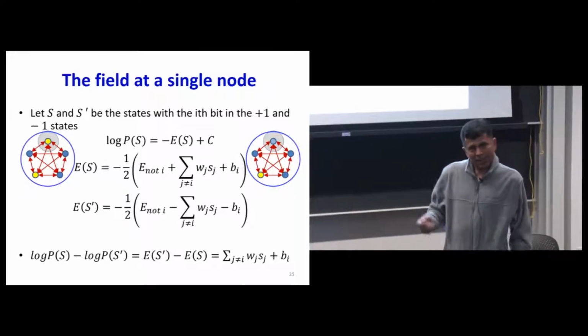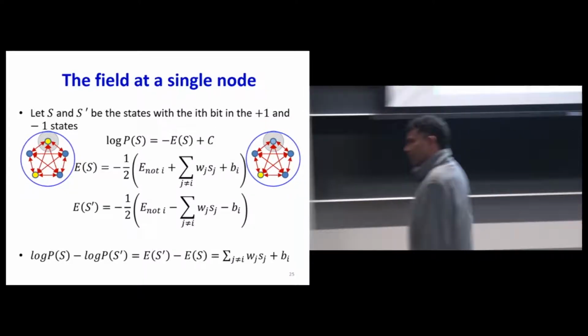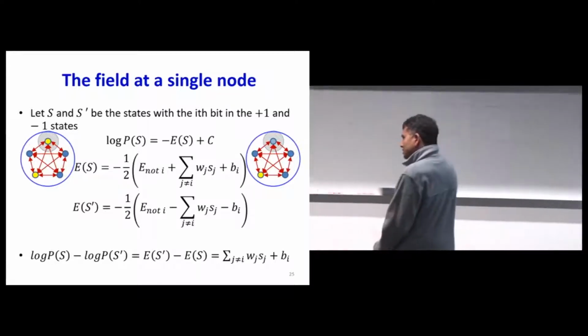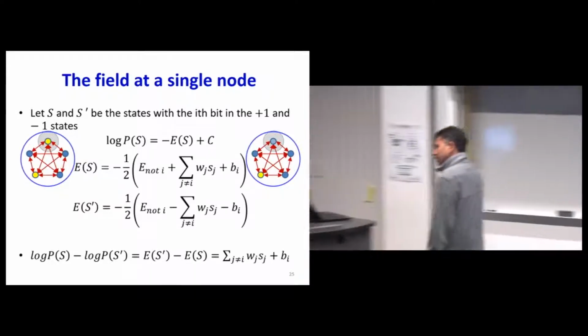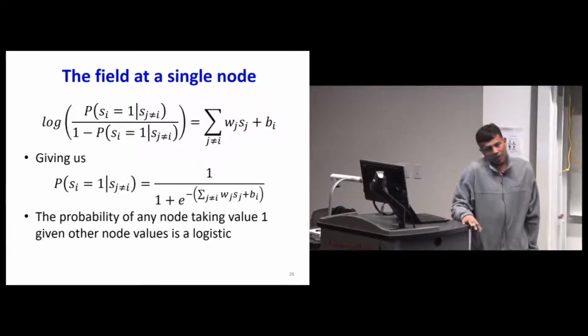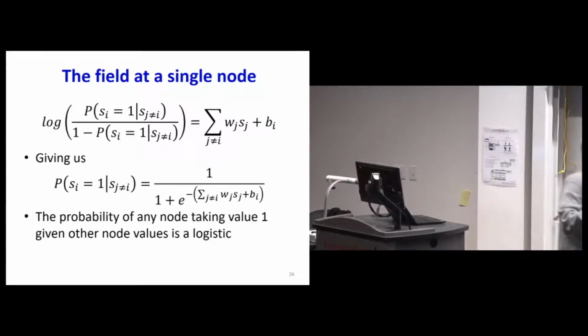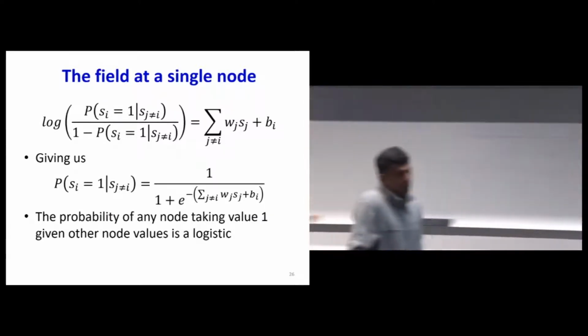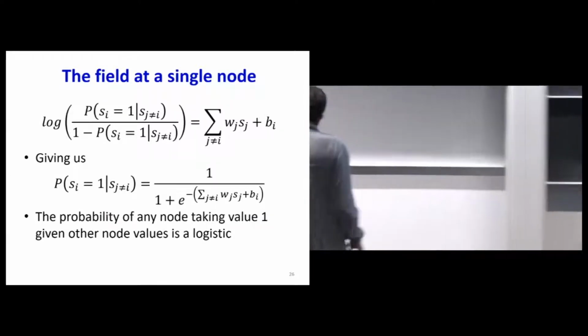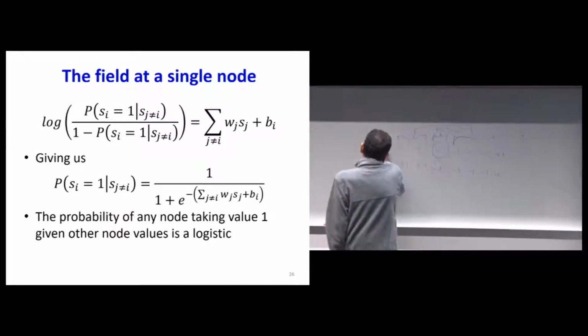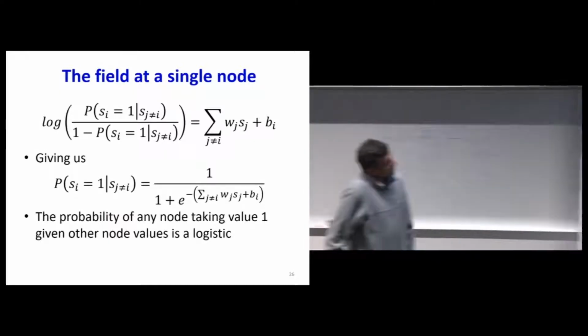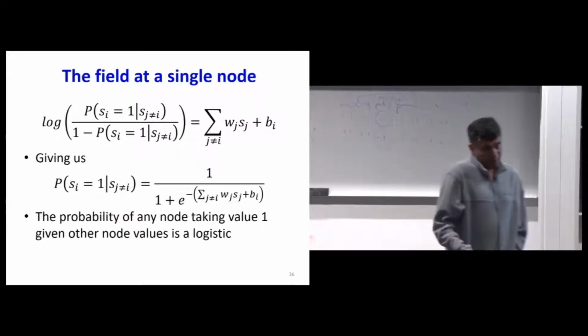So it looks a little bit complicated, it's not very, but here's the really nice result that comes out of it. If I take the difference in the log probabilities of these two patterns, which only differ in one bit, that simply ends up being the field at that bit.